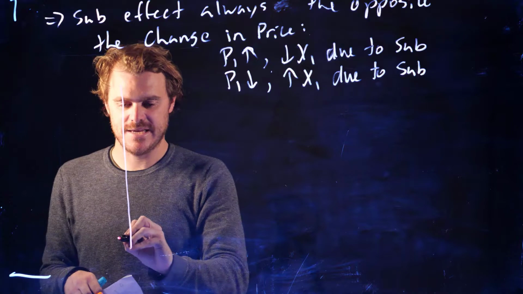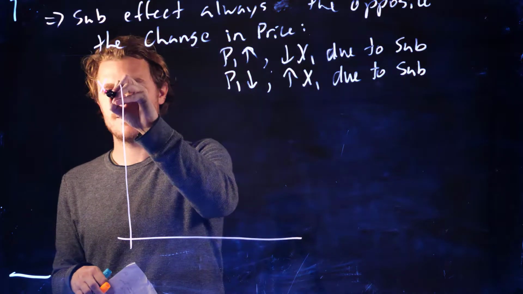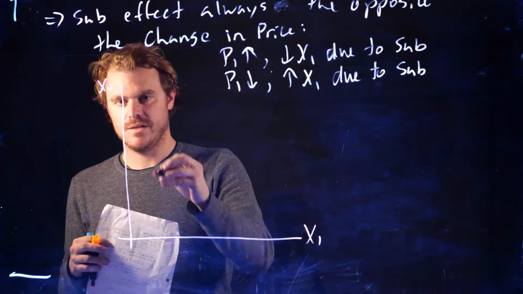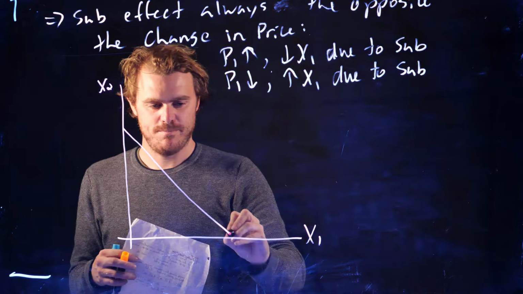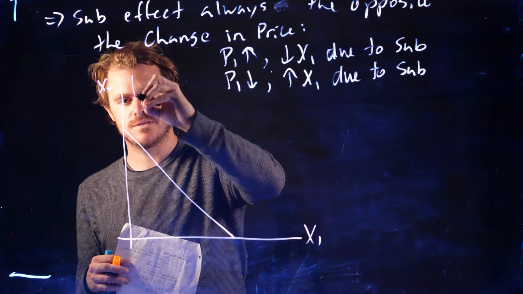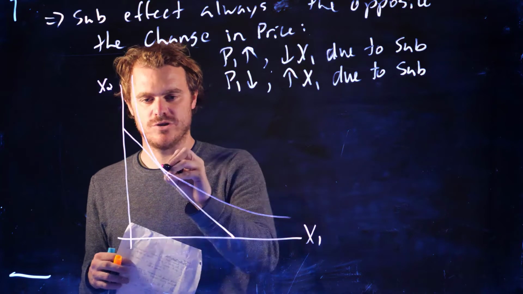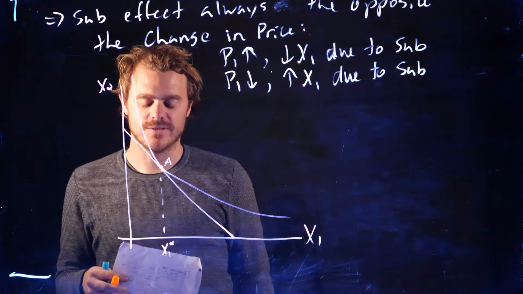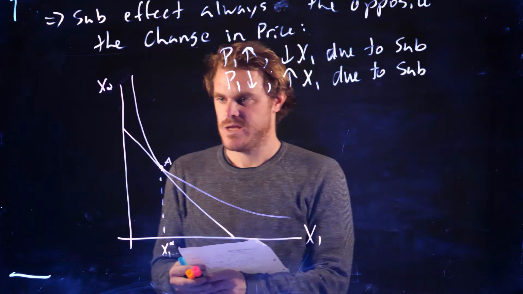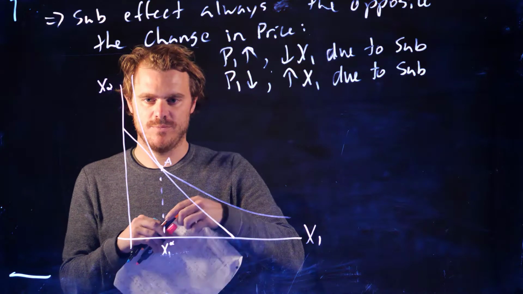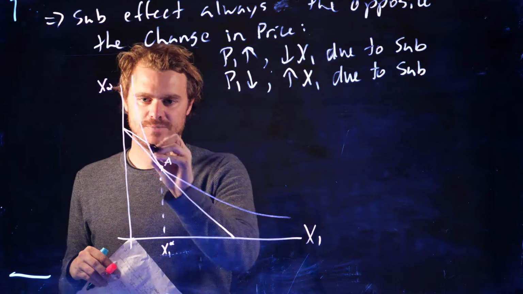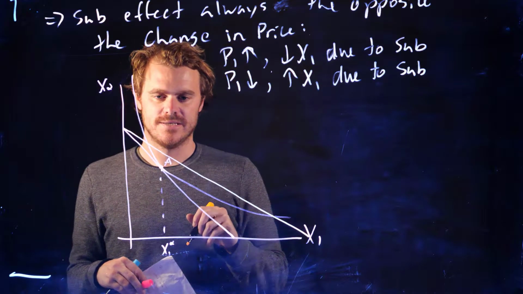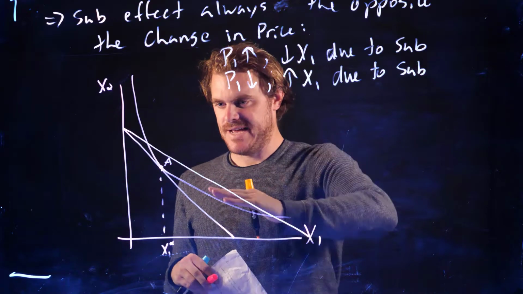And the logic looks something like this. So let's say here is x2, and here is x1. Let's have the original budget constraint and the original choice. Let's label that A. We'll be calling it x1 star. And then, remember we had this price change, and we've been concentrating on a decrease in price, so it pivots out.